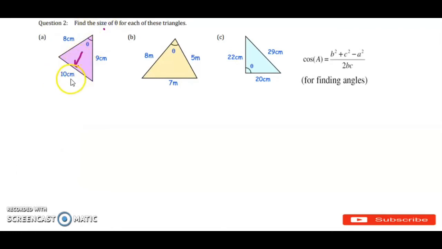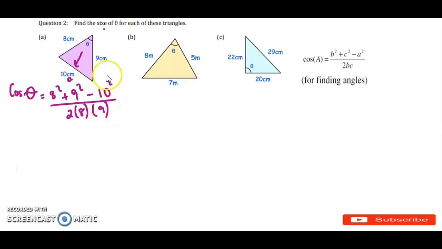So we could call this A, and then we can just use the others as B and C. Since we're going to find the cos theta, here I could have cos theta is equal to 8 squared plus 9 squared minus 10 squared, divided by 2 times 8 times 9.